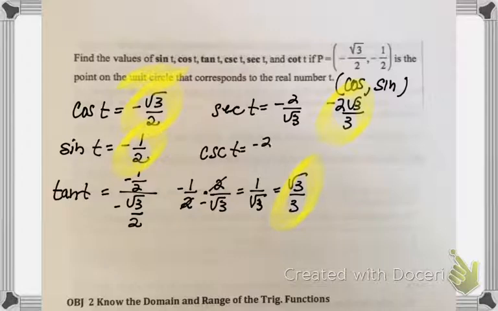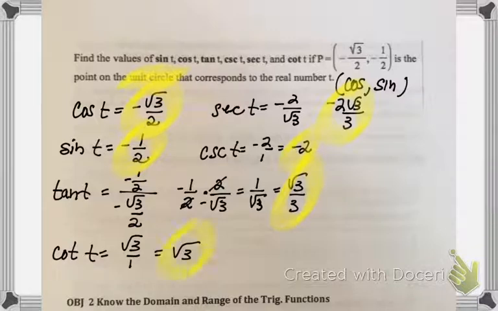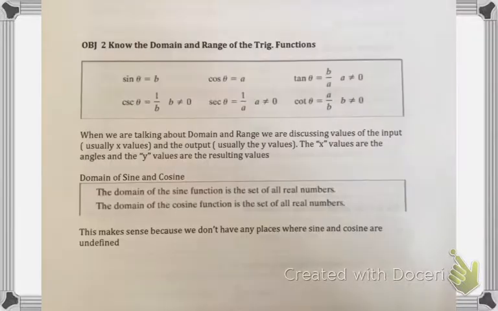Flip that over, I get negative 2 over 1, which is just negative 2. And finally, we need cotangent. So cotangent t is the reciprocal of tangent, which is radical 3 over 1, which is just radical 3. Okay, so I found all of my trig values. I'm ready to move on to the next objective.